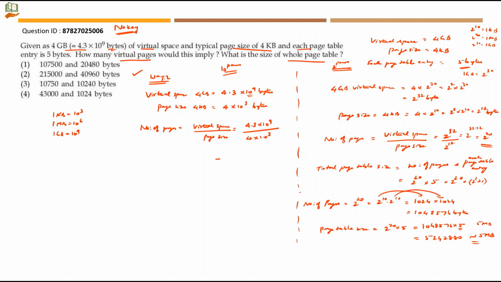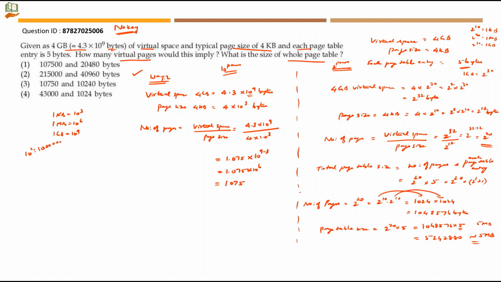So 4.3 divided by 4 will give you 1.075 into, when I take 10 to the power 3 from the denominator, it will be 10 to the power 9 minus 3, which is equal to 1.075 into 10 to the power 6. 10 to the power 6 means you will have 1 and 6 zeros together. This will be 1075.